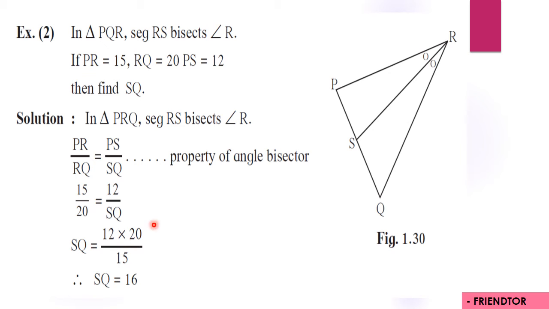First you can cancel and then multiply, or you can multiply and then divide. Anything is fine. Therefore SQ is 16. Here they have not mentioned any unit, so you just write 16. So we found the length of SQ by applying the angle bisector property of a triangle. Now let's see the next example.